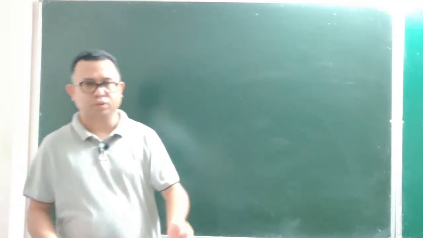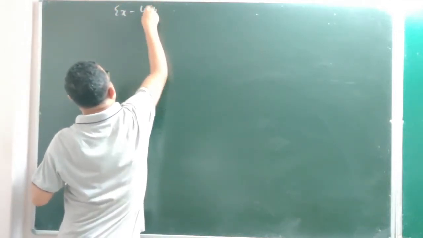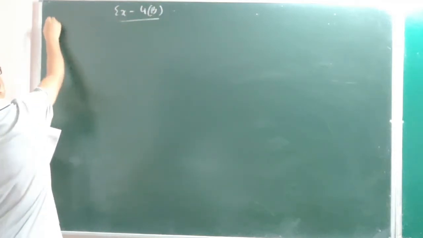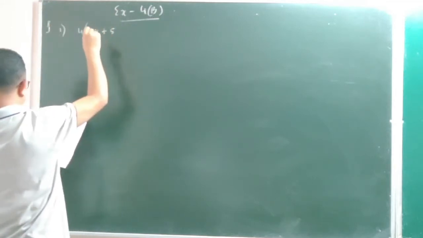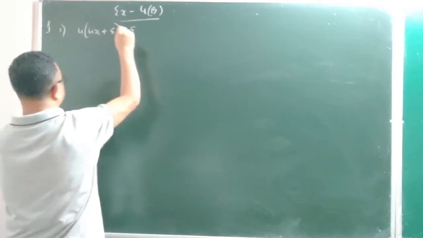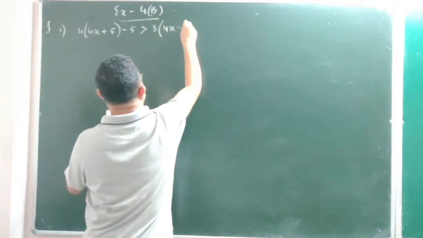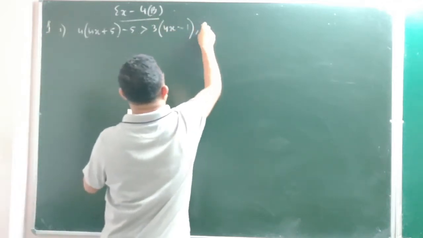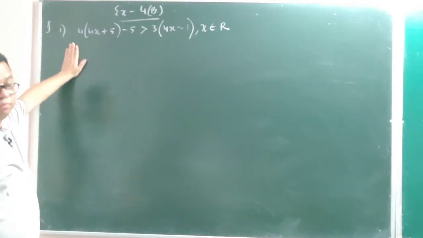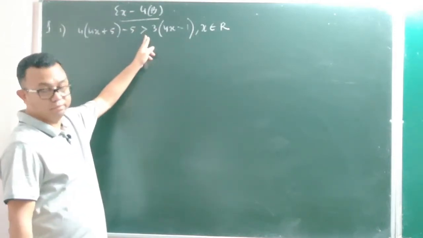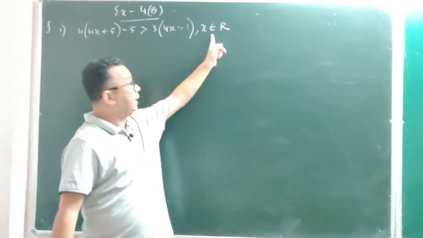There are 6 questions. Let me do just 2 questions from here. This is exercise 4B, question number 1: 4(4x plus 5) minus 5 is greater than 3(4x minus 1), x belongs to R. As you can see, only the greater than sign is there, you don't have an equal to sign.